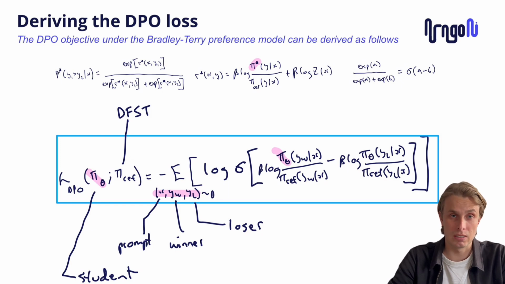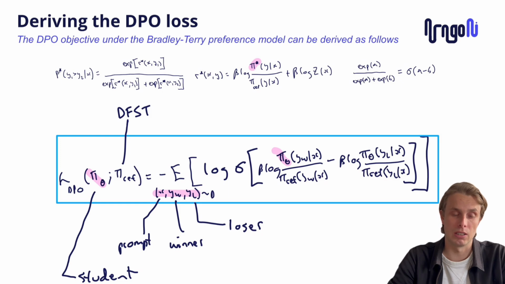From a practical perspective, if we're trying to implement this, we take our already fine-tuned model and our student model. We're also taking our X, our winner and our loser, which we sample from our training data set. We run it through both models, and we calculate this loss function here. When we take the derivative, which we'll see shortly, we'll be able to find a way to effectively update the weights of our student model.